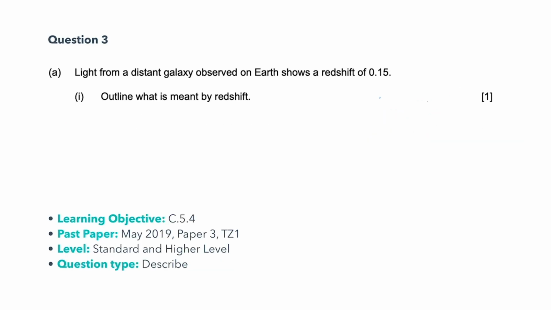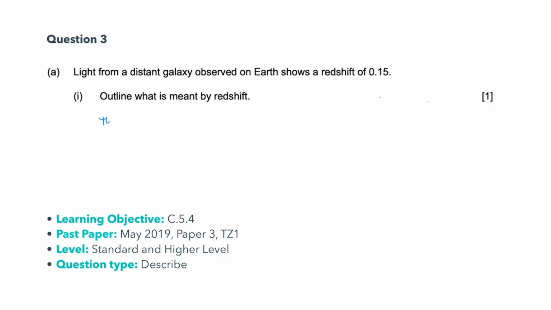Question 3. Light from a distant galaxy observed on Earth shows a redshift of 0.15. Outline what is meant by redshift. Okay, we want to do the Doppler effect, but in the context of electromagnetic radiation and the galaxy. So what we would say is the distant galaxy is moving away from the Earth.